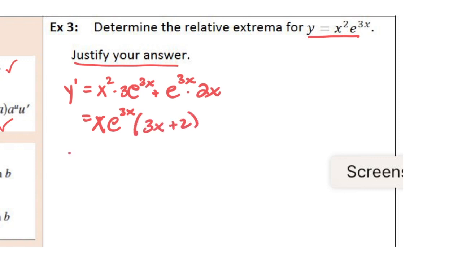So what do we know? We know we have critical numbers where x is equal to 0 and when x is equal to negative 2/3. Now just to make certain that the grader of your AP exam knows what you're doing, make this little statement: let y prime equal 0.